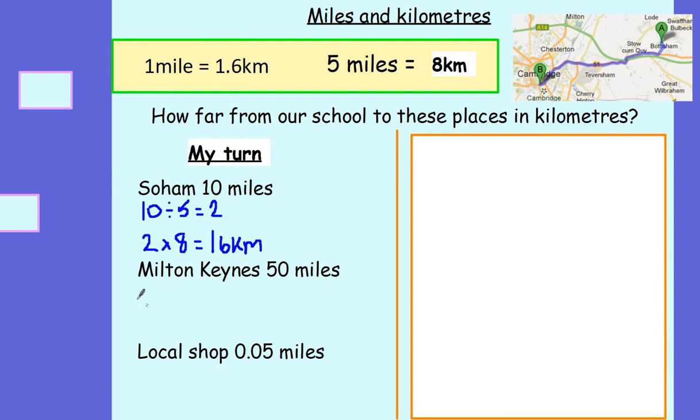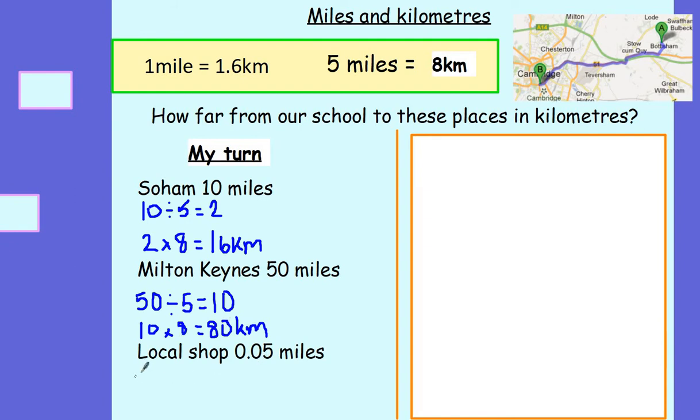Milton Keynes is 50 miles. We do the same process. We take 50. We divide it by 5, which gives me 10. Then 10 times 8 will give me 80 kilometres. The local shop is 0.05 miles.